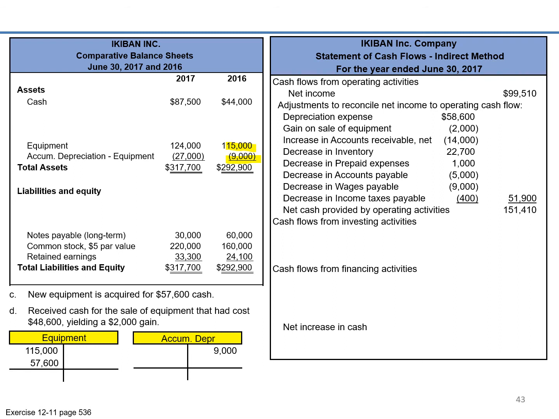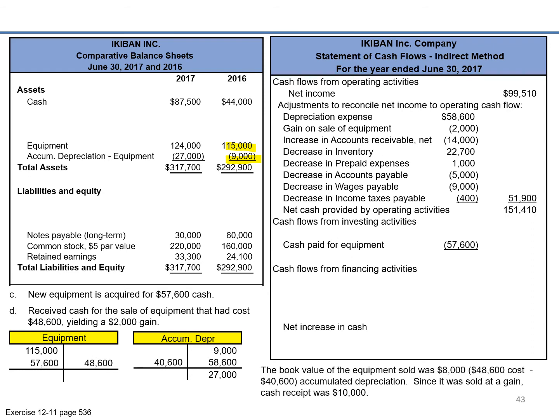And then we received cash on sale of equipment that had a cost of $48,600, yielding a gain of $2,000. So we sold equipment that had a cost of $48,600, so we're going to reduce equipment by $48,600. And we have to reduce our accum related to that equipment, which if we did the journal entry, we would learn that that was $40,600.